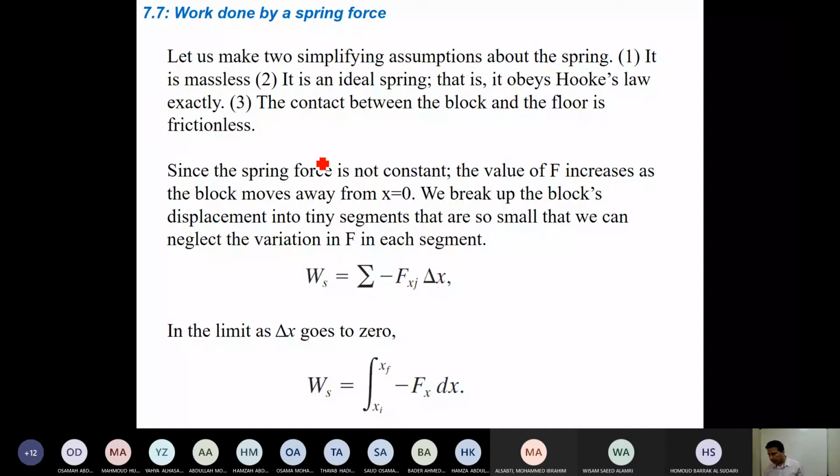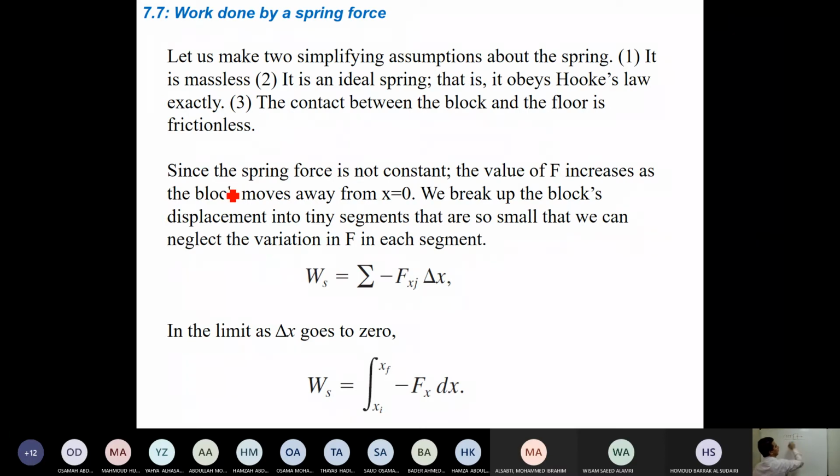Since the force is a variable force, I cannot find the work done by a variable force by using the equations which I derived for the constant force. So I need to do something for it. This is the spring, and here you have the equilibrium position.